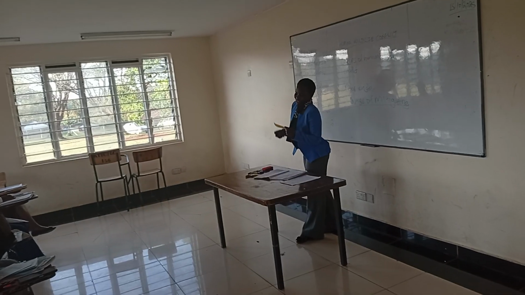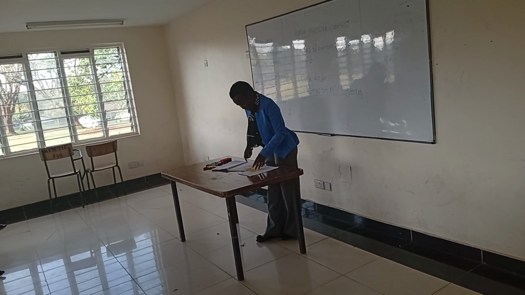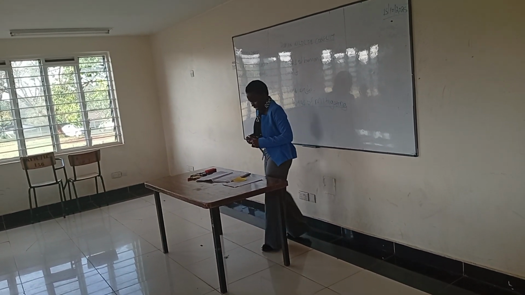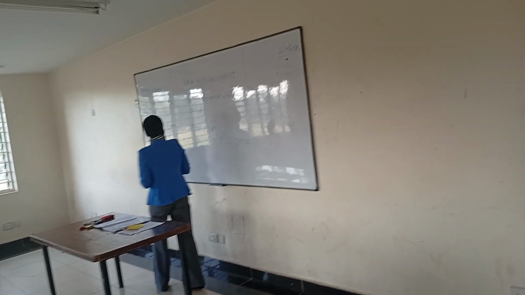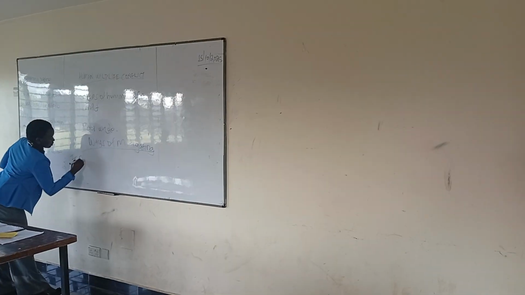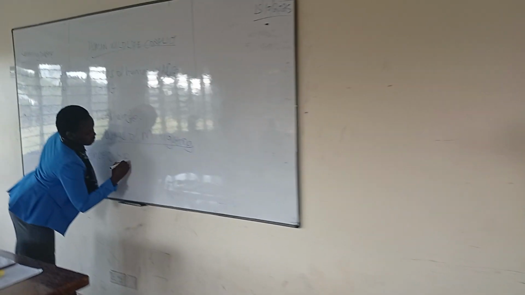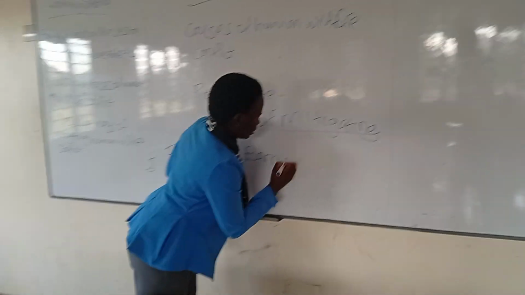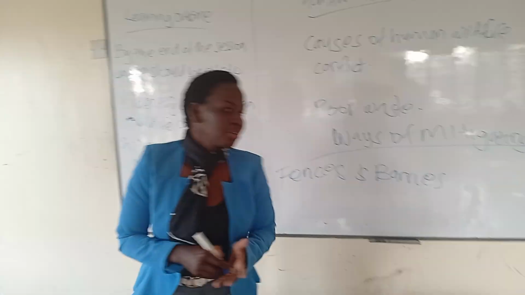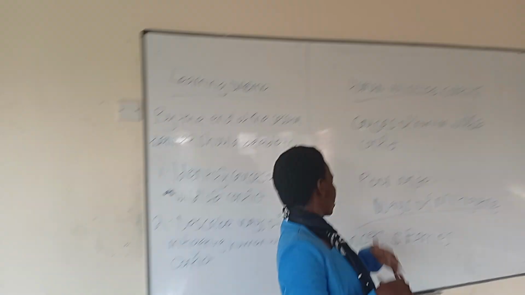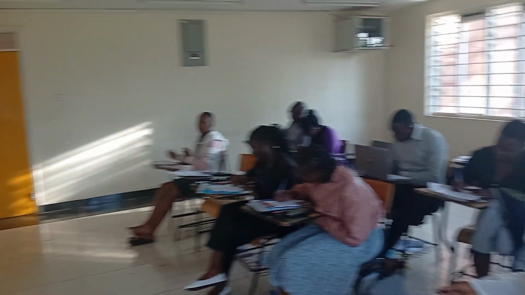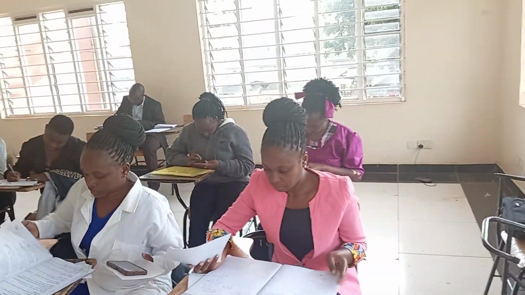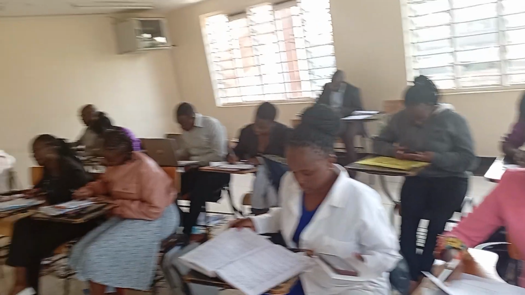Okay, so the sentences are ways of mitigating human-wildlife conflict. Some of these ways are to create fences and barriers. The fences will protect the animals from leaving their natural habitat to the community. Or when the community have fenced their farms, this can prevent the animals from getting into their farms.